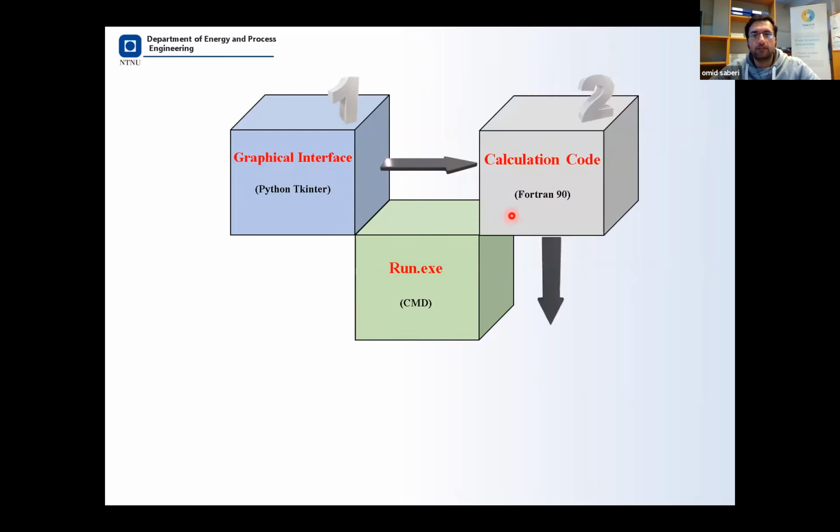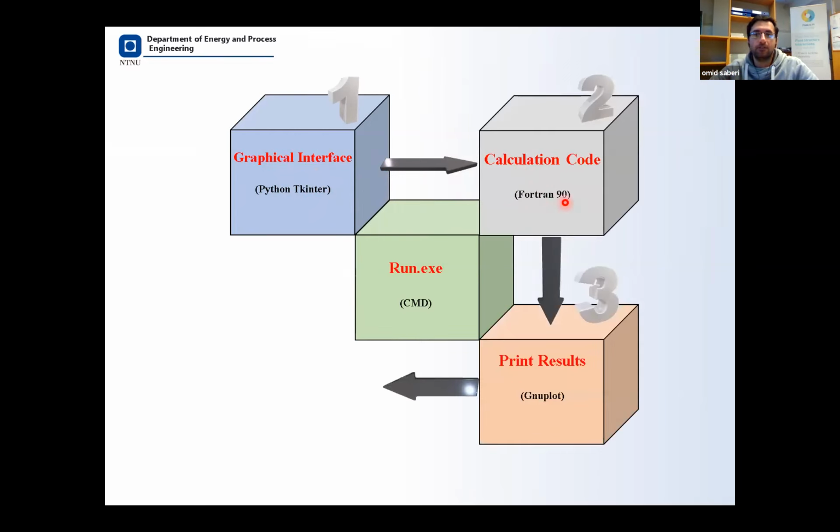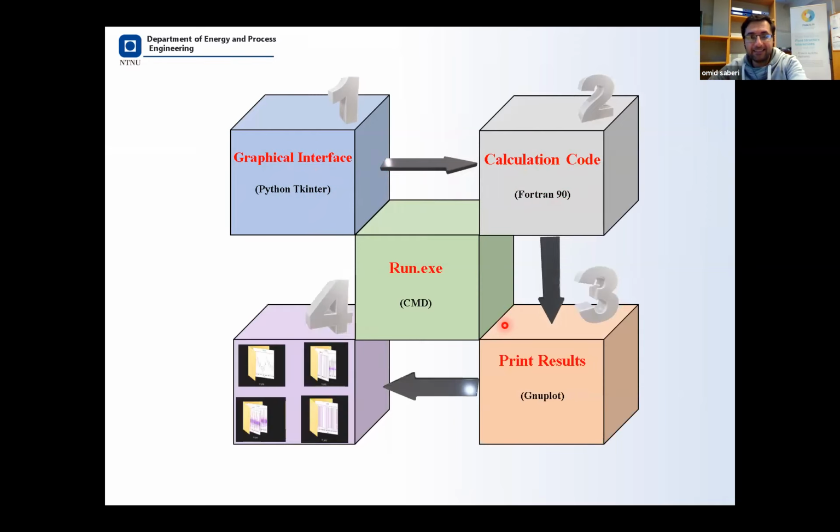Then CMD runs the calculation code from Fortran. After that, it prints the results from Fortran. And at the end, CMD makes a folder and puts each result into the related folder. In other words, CMD organizes all the results, all of them automatically. You just run this CMD and everything will be performed automatically.